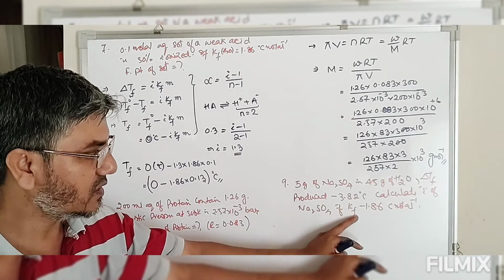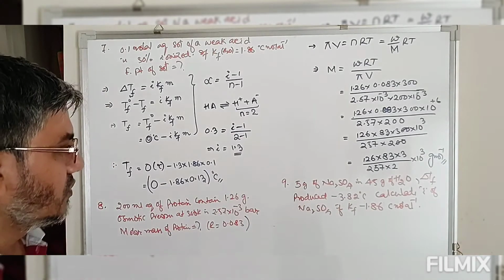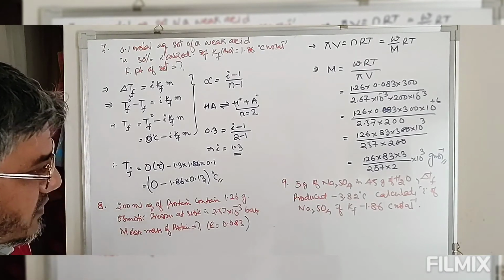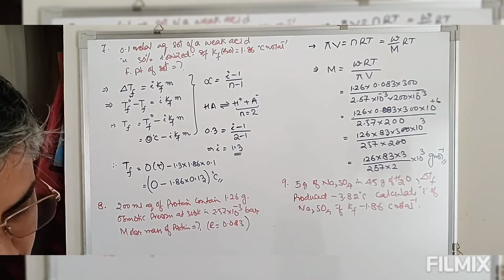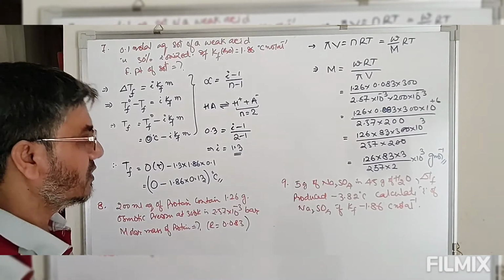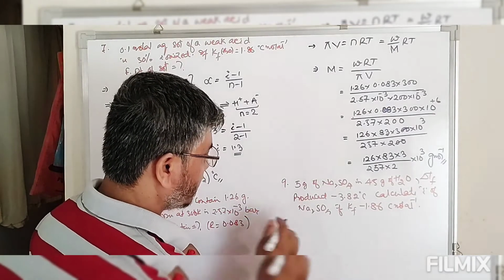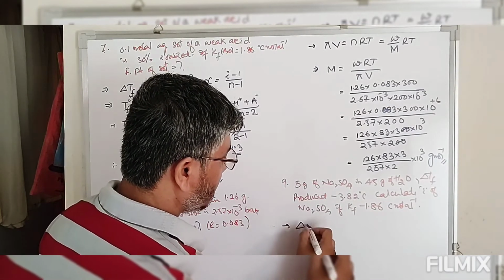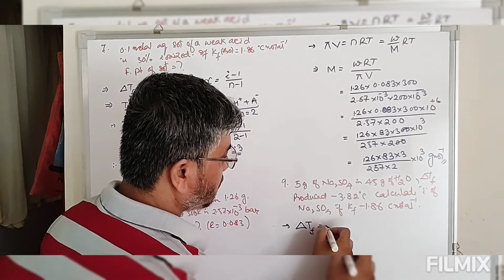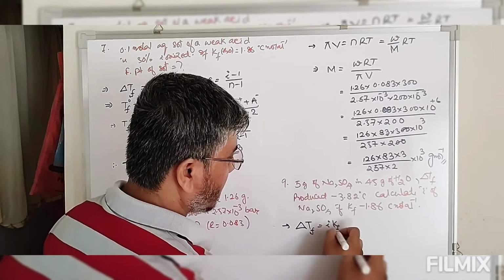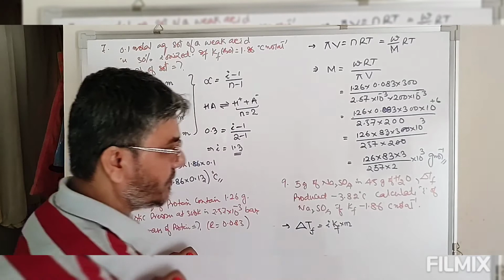Kf of water is given. So since depression in freezing point is given, we have to use the depression in freezing point formula for electrolytic solution. So therefore delta TF is equals to I times Kf into M.